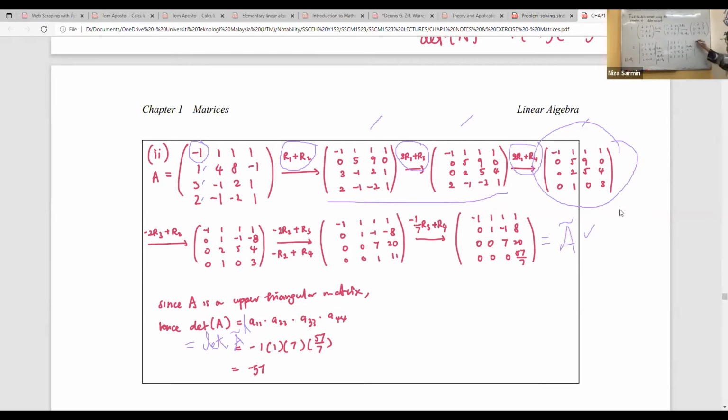Okay, so I change the row. Yeah, but don't forget this negative. Then you can make this and this 0. Okay, let me do this first, then I explain to you.